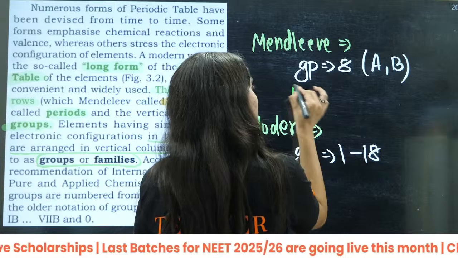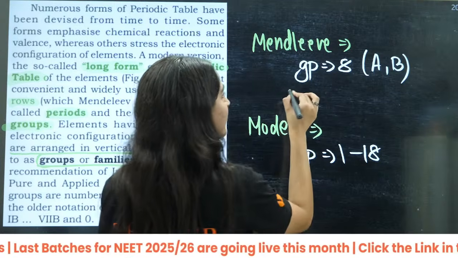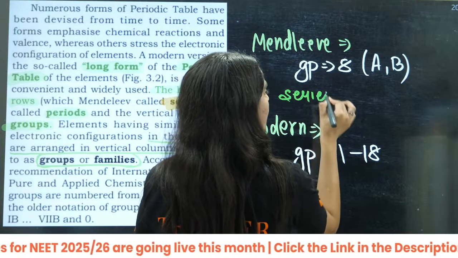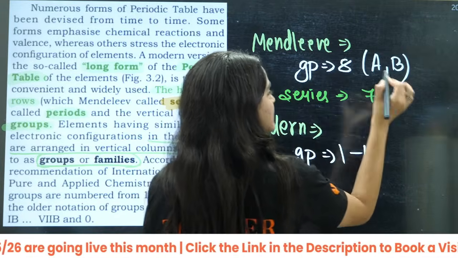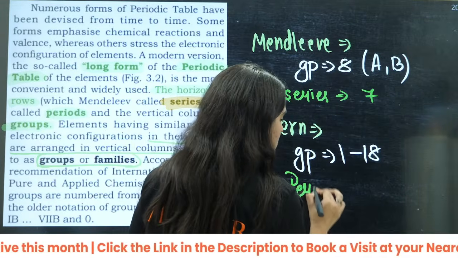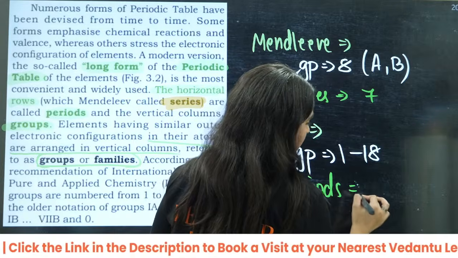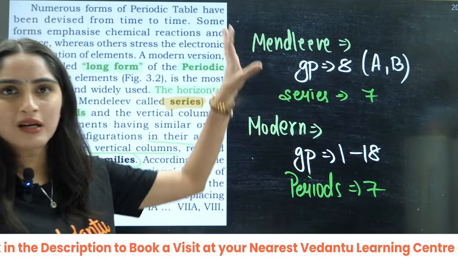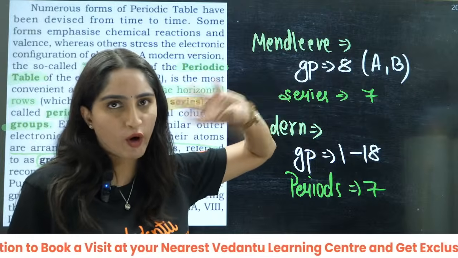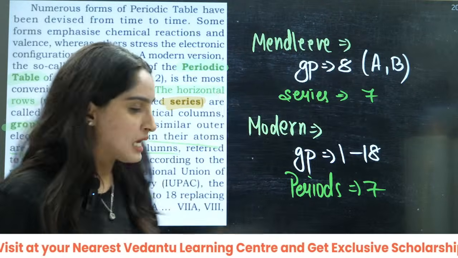He said that the series in Mendeleev is going to be how many? 7. And the periods in the modern table are going to be how many? 7. So that was the crux of the little differences between Mendeleev and the modern periodic table, right?